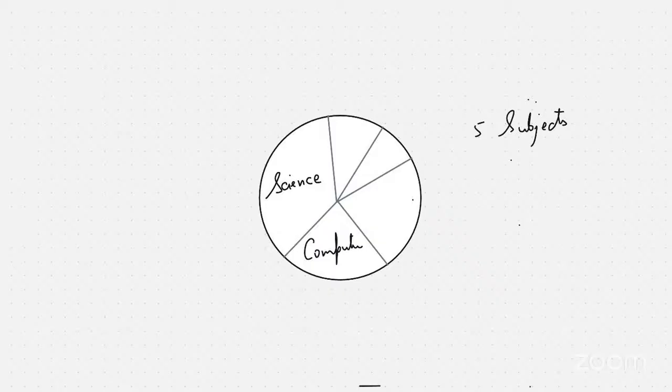This is arts. This is social science. This is maths. The least a student likes is maths. The subject the student likes the most is science.